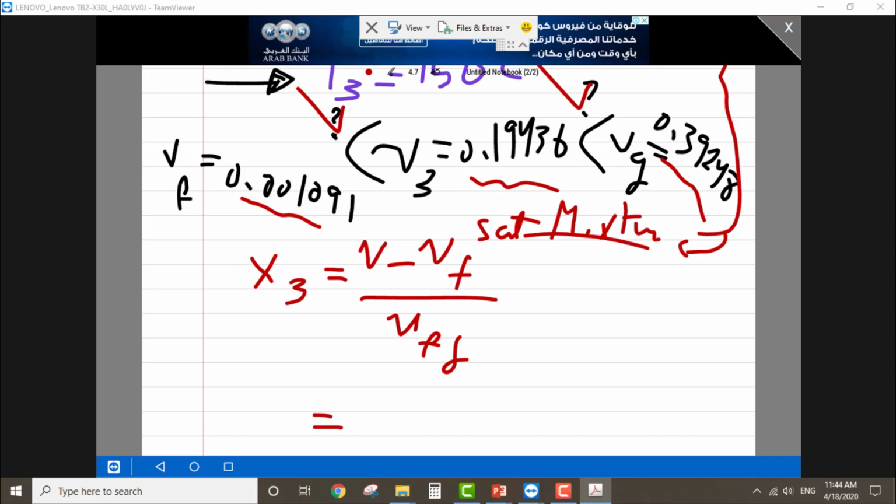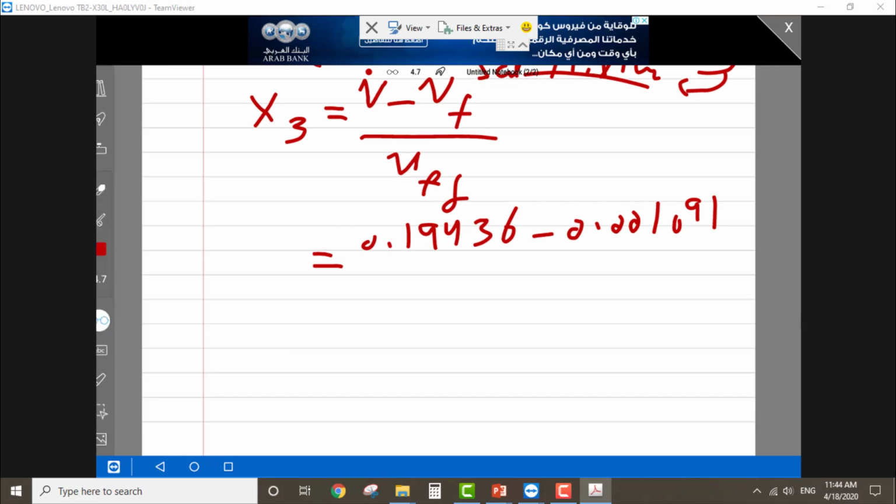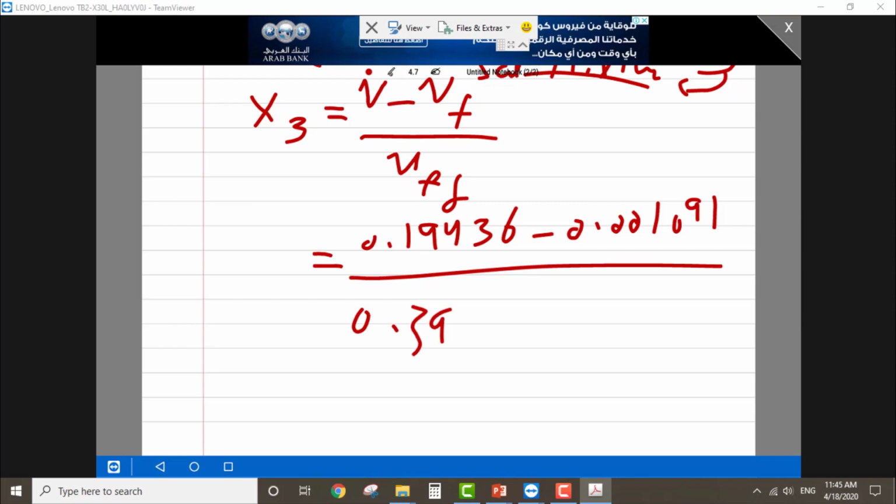So this is equal to 0.19436 minus 0.001091 divided by 0.39248 minus 0.001091.